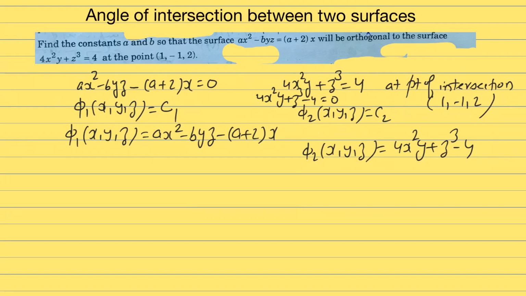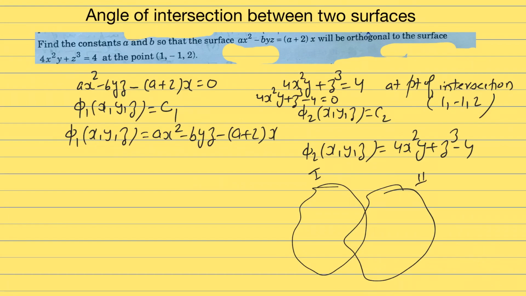Let us say this is surface number 1 and this is surface number 2. The normal to the first is n1, and the normal to the second is n2, and these are given to be perpendicular.